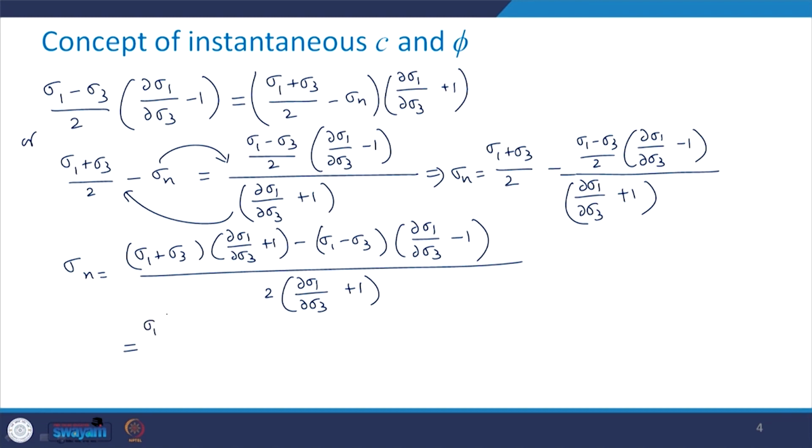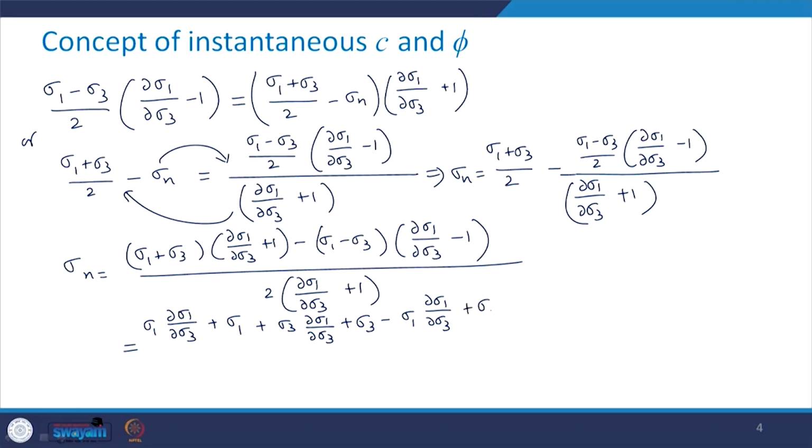So, sigma 1 del sigma 1/del sigma 3 plus (sigma 1 plus sigma 3) del sigma 1/del sigma 3 plus sigma 3 minus sigma 1 del sigma 1/del sigma 3, then this minus minus will become plus.